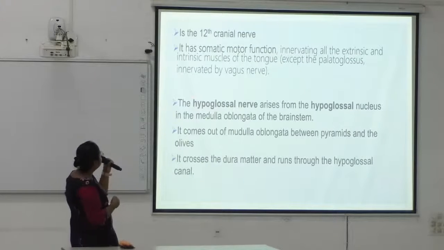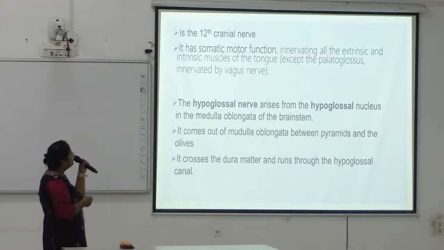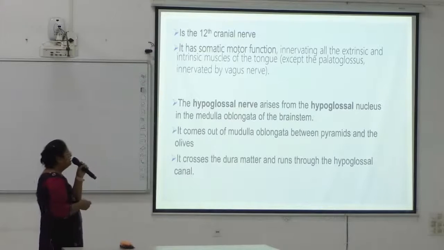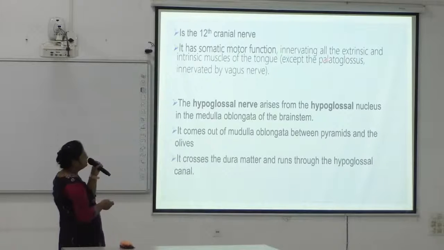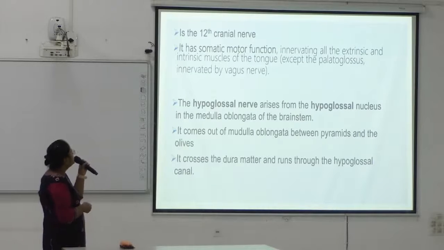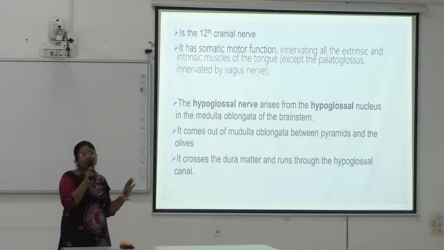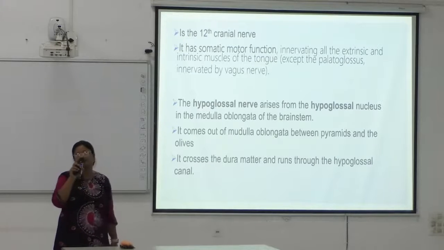Okay, so it is the twelfth cranial nerve. Now it has a somatic motor function, innervating the intrinsic muscles of the tongue. Right? Hypoglossal, except palatoglossus. The intrinsic muscles of the tongue are an important short note. Okay, you prepare the intrinsic muscles of the tongue.